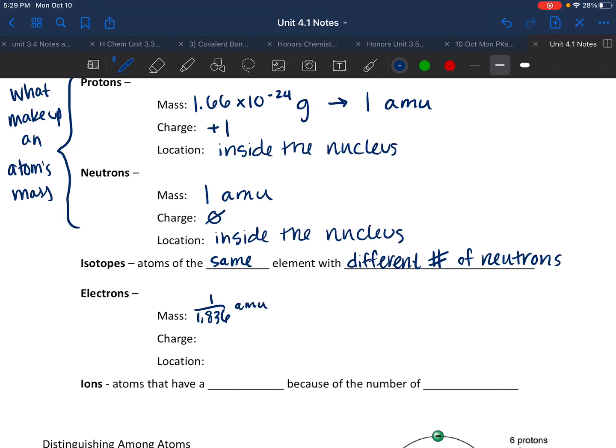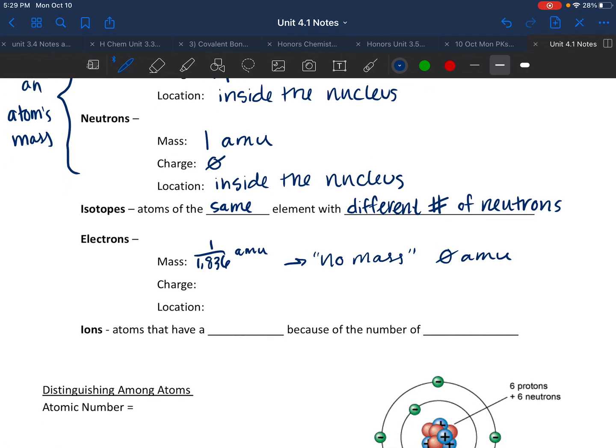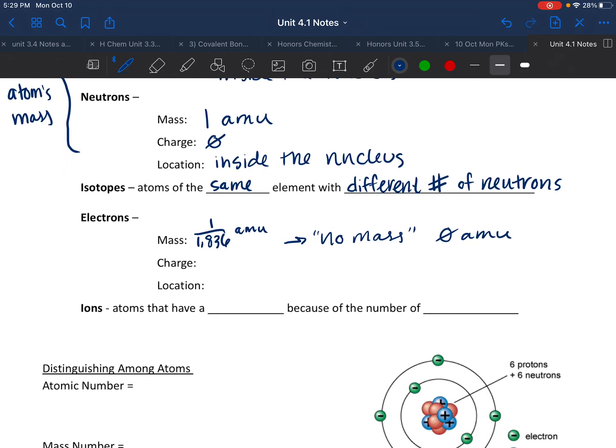So divide that 1 AMU by 1,836. So in the world of chemistry, we say that the electrons have no mass. And so we're going to label that as 0 AMU. They don't affect how our atoms interact. They don't have enough mass to, so we just say it has nothing.